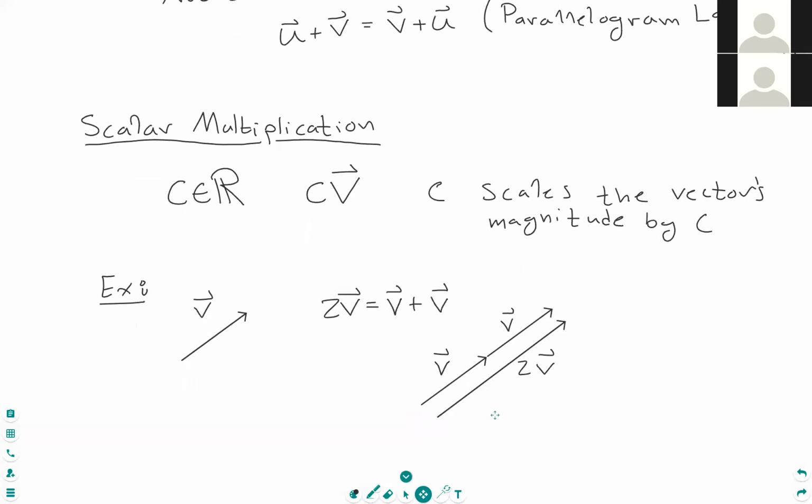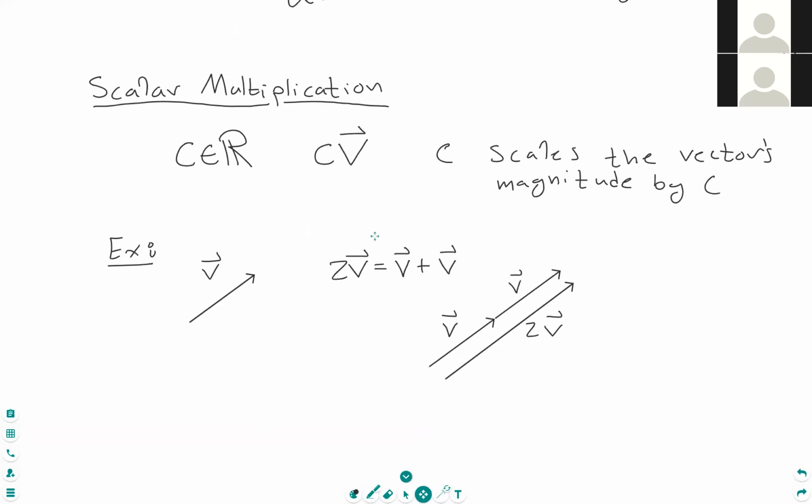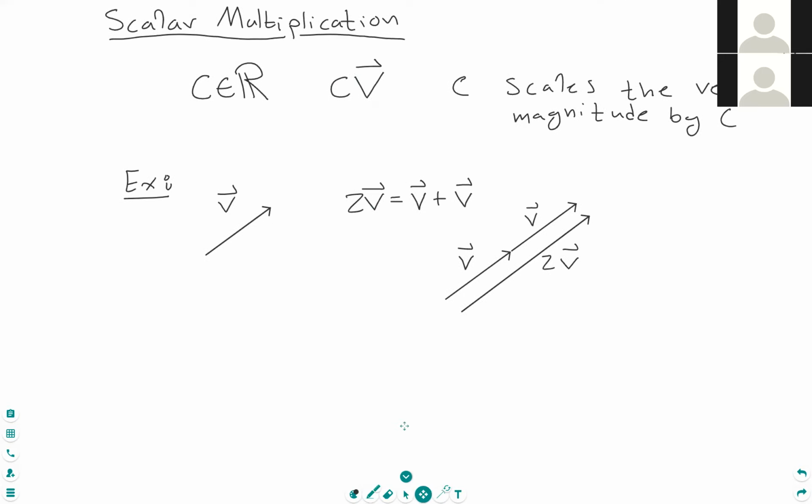Okay, so now you might be asking yourself, that's fine for a positive value of c, but what happens if I have a negative value here? If I have a negative value, I can also talk about what it means to do subtraction. So a negative scalar switches the direction to the opposite of the original vector.